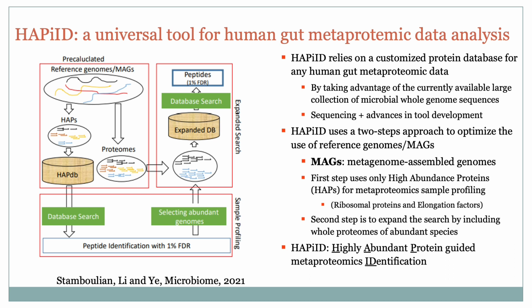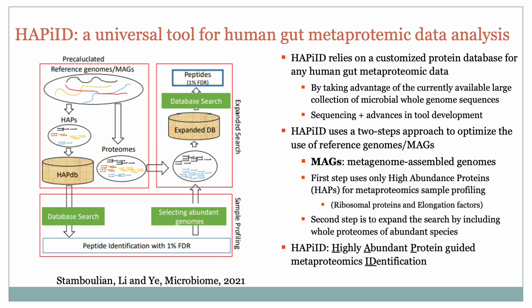In recent years, because of the accumulation of bacterial or microbial genomes, and also metagenomes, it's becoming possible to use a universal reference database for metaproteomic data analysis, especially for data from well-studied environments such as the human gut.